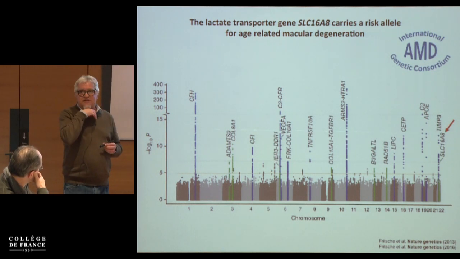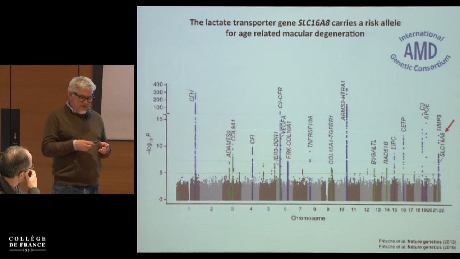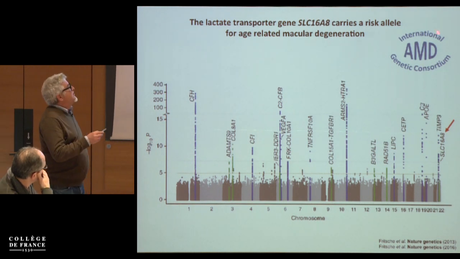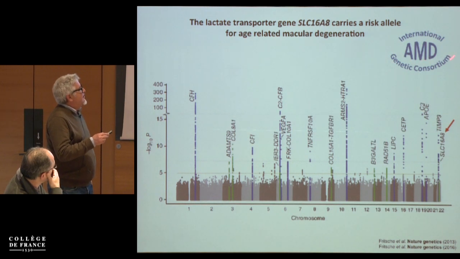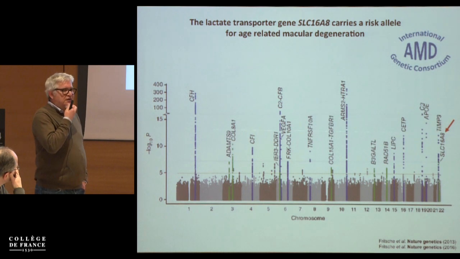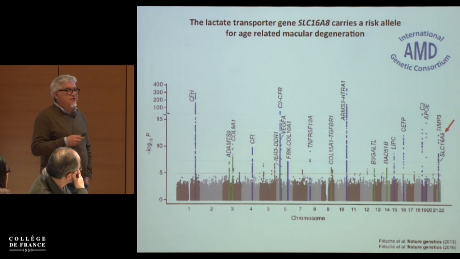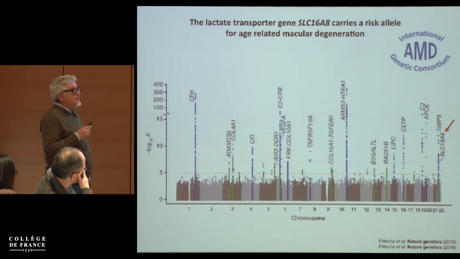We then did not publish our work and were contacted by an even larger consortium, the International AMD Genetic Consortium, which involves many people in the States, Iceland, Austria, Japan, China, India, and all the countries in Europe, so almost everybody is there.